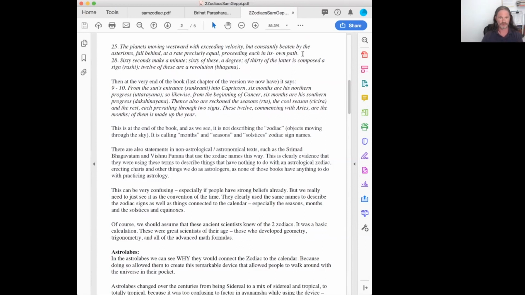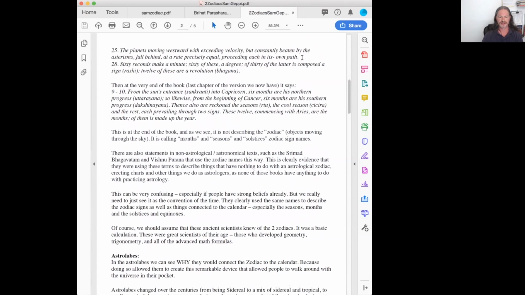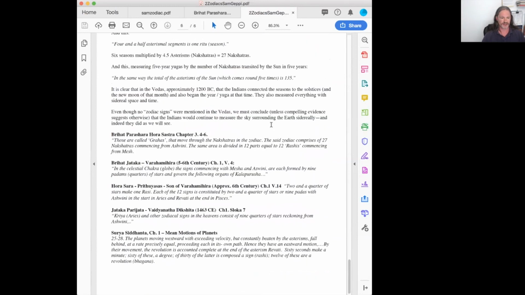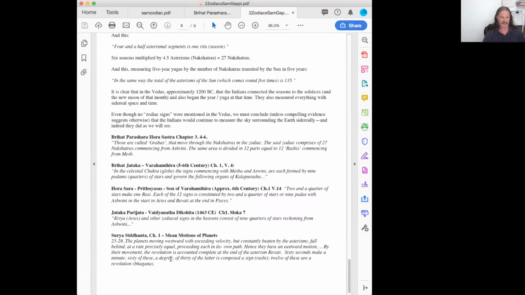For some reason, I omitted the last part of this quote which talks about the nakshatra. Here it is. Hence, they have an eastward motion. By their movement, the revolution is accounted complete at the end of the asterism Revati. Sorry, for some reason I didn't put it in that quote. But in the Surya Siddhanta at the very beginning, it's saying that the planets and the objects moving in the sky, from the chapter called Mean Motion of Planets, right?